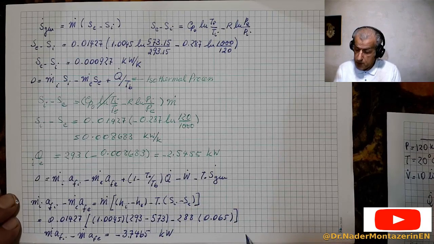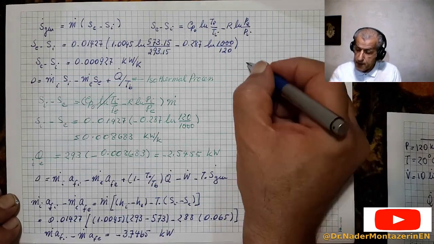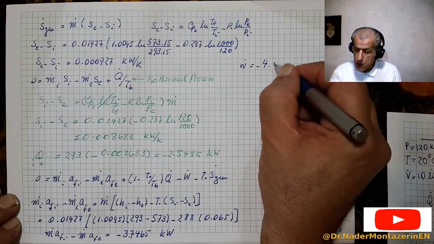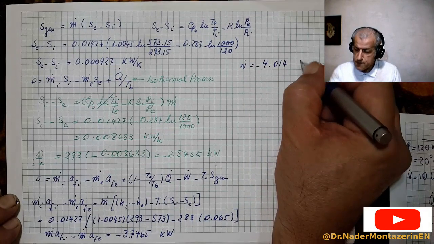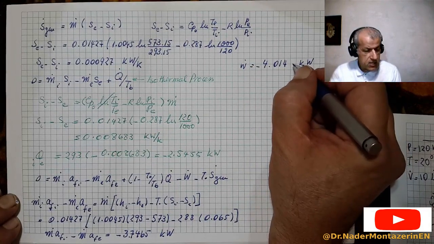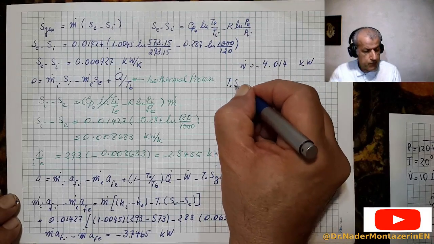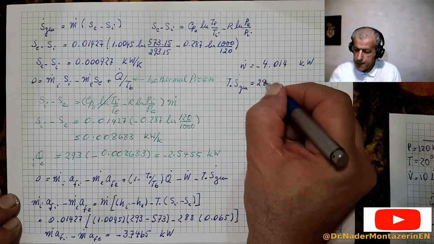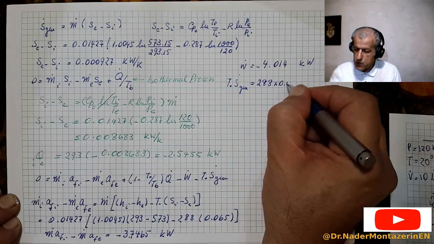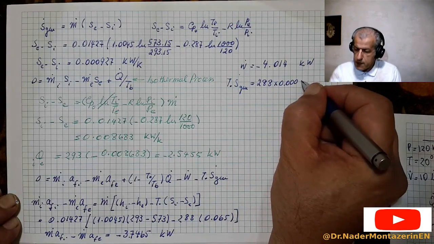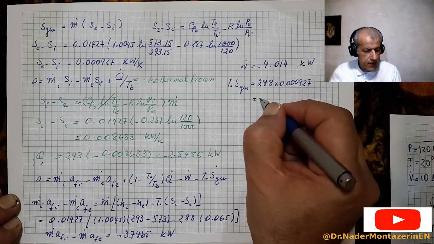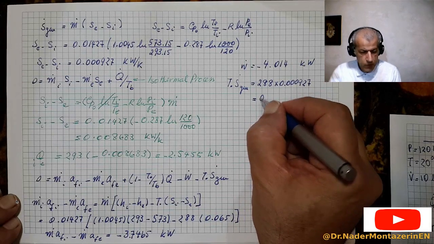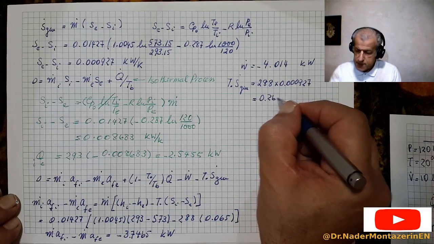The work W dot, which we calculated previously, was minus 4.014 kilowatts, and T0 S dot gen would equal 288 times 0.000927, and the outcome is 0.26716.